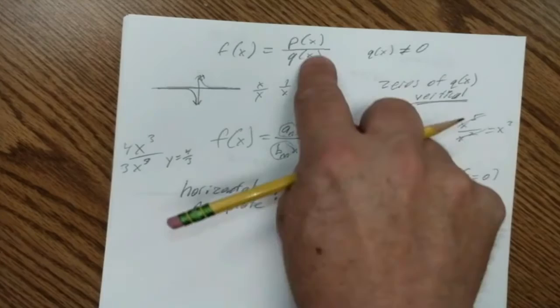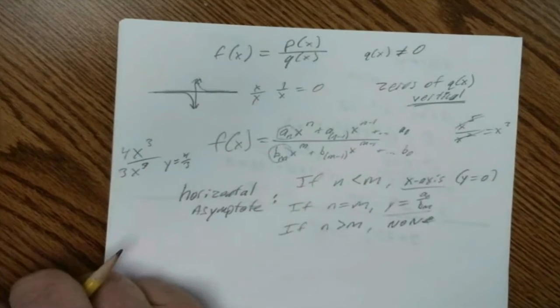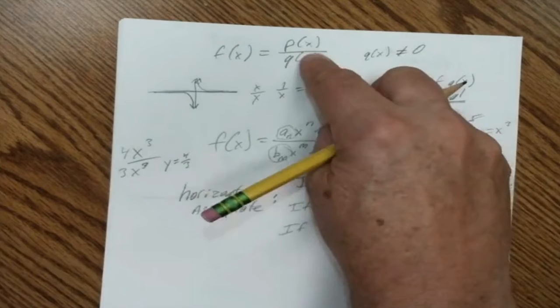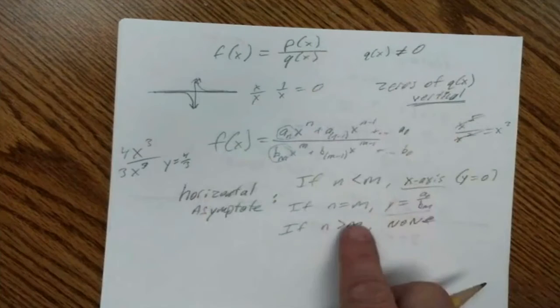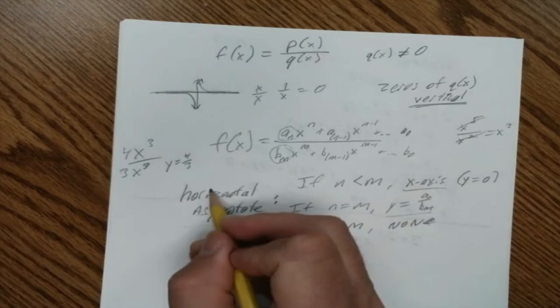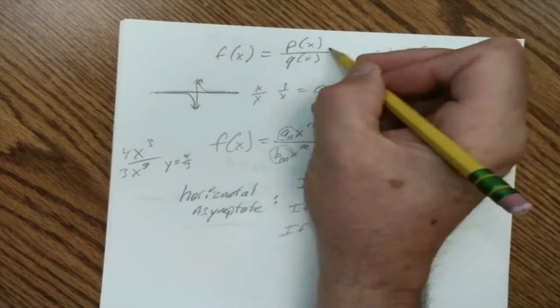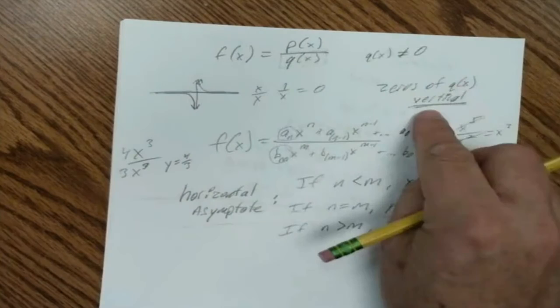Just looking at a quotient like this, when we have our polynomial as a quotient where we have a top and a bottom, there's the three cases for a horizontal asymptote. All right. Remember, the vertical asymptote is the zeros of the denominator. Whatever the zeros of this will be our vertical asymptote.